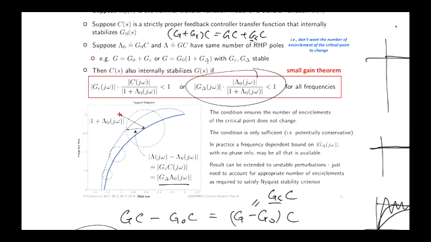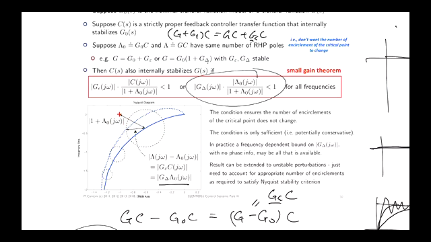And it's important to realise that it's just a sufficient condition. I'm potentially being very conservative here because I'm only looking at the magnitude of these things. I'm not looking at the phase. So the perturbation with this size could be in any of these directions. And clearly when it's moving this way, it's actually pushing us further away.